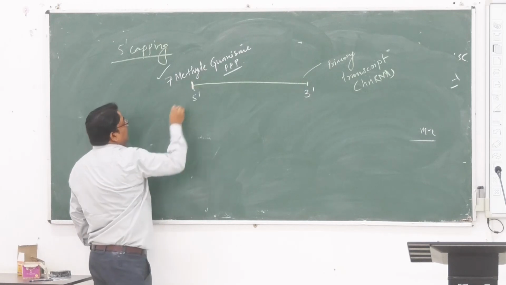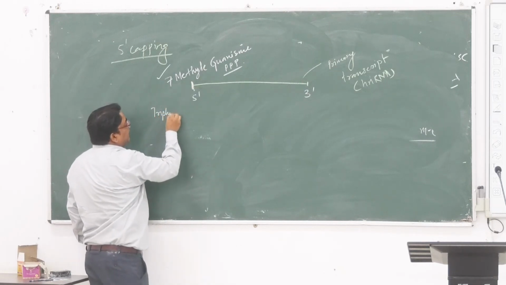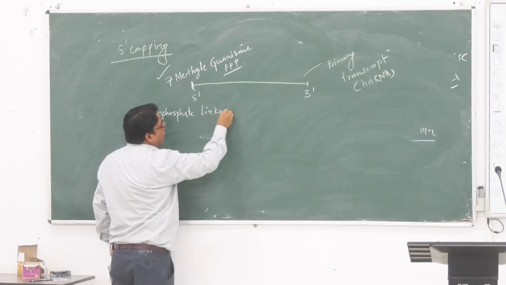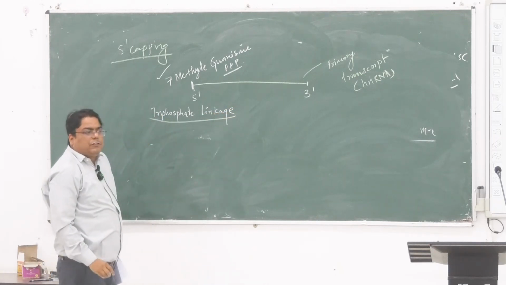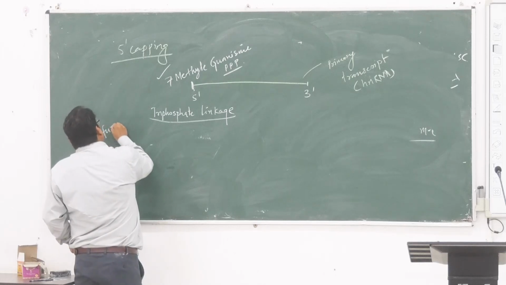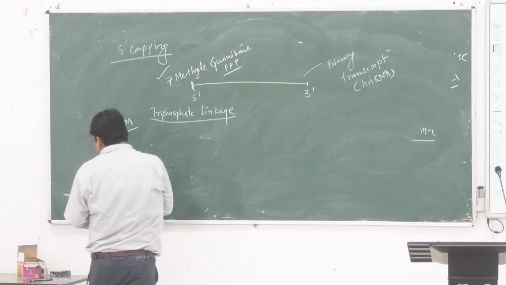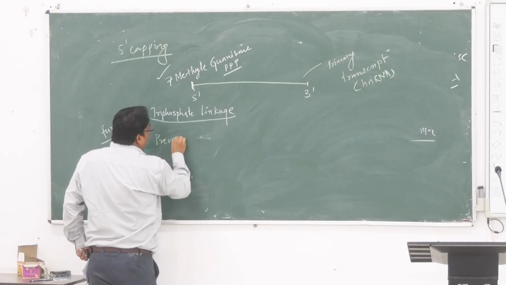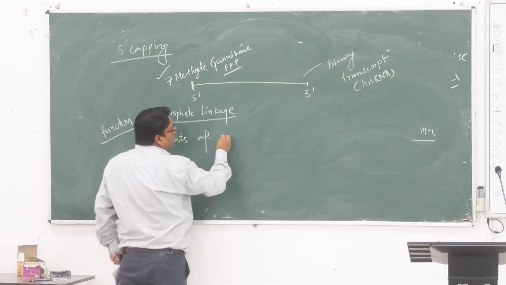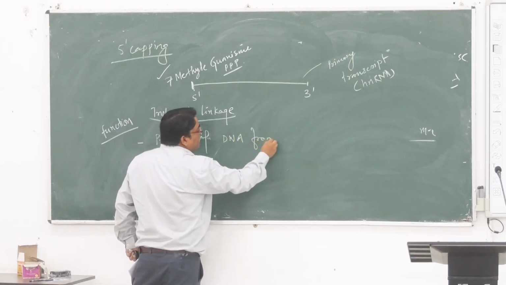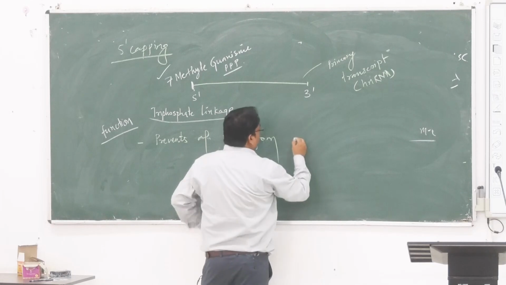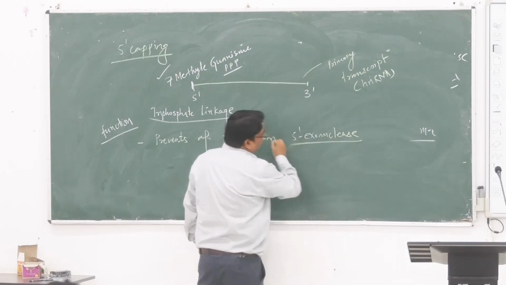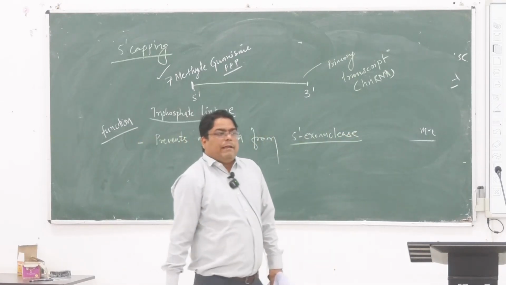It is attached by triphosphate linkage. The first and important function of this 5' capping is that it protects the RNA from 5 prime exonuclease activity.